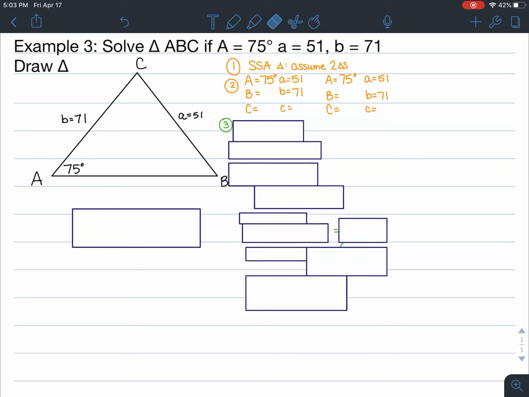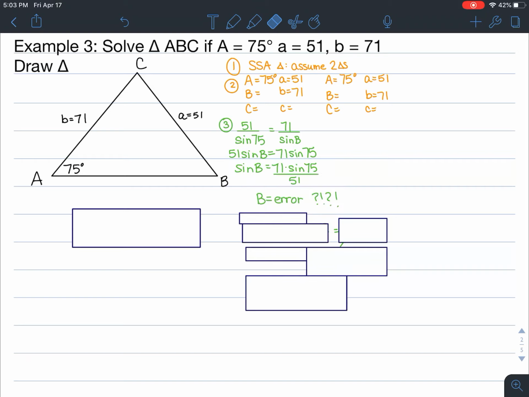Start setting it up as if there are 2. And then you're going to find angle B next using the law of sines. So that's 51 over sine 75 equals 71 over sine B. Cross multiply, divide, and then inverse sine both sides.